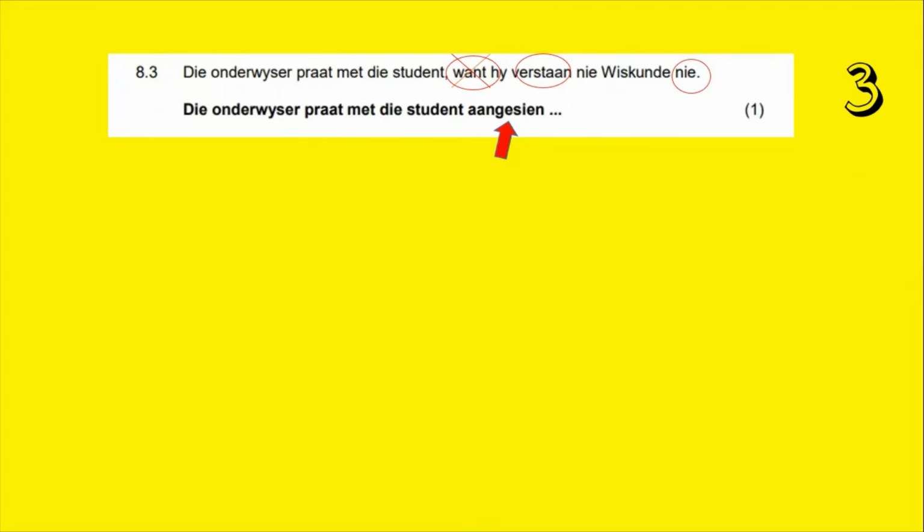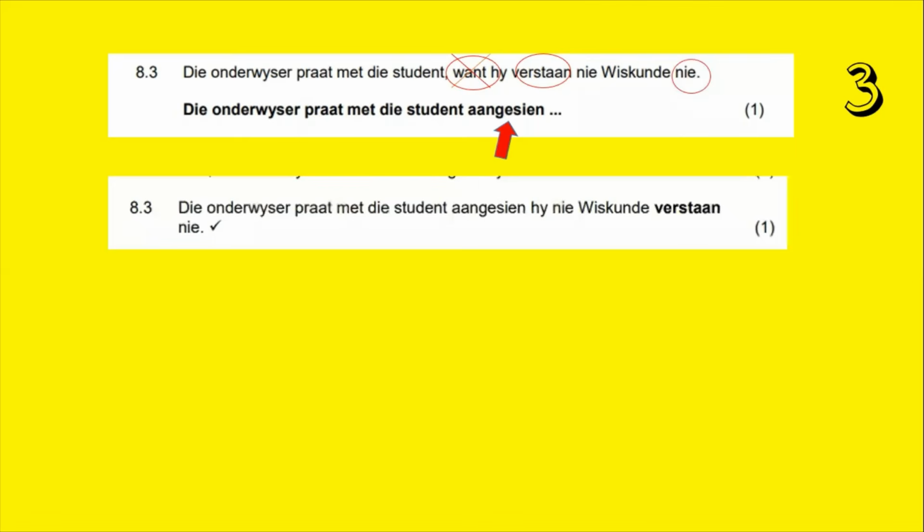It's a negative sentence with the two nies. So when our verb moves to the end, it cannot move past that negative nie. That nie is the only thing that can stand at the very end. So it will just move up to in front of it. Let's have a look. Die onderwyser praat met die student aangesien hy nie wiskunde verstaan nie. Verstaan and then the nie after it.